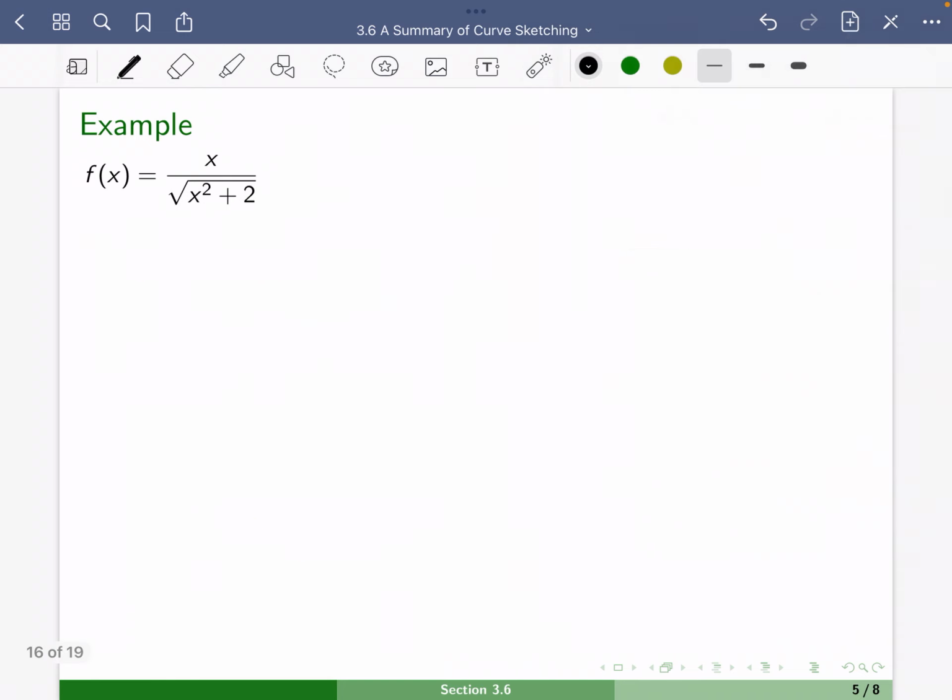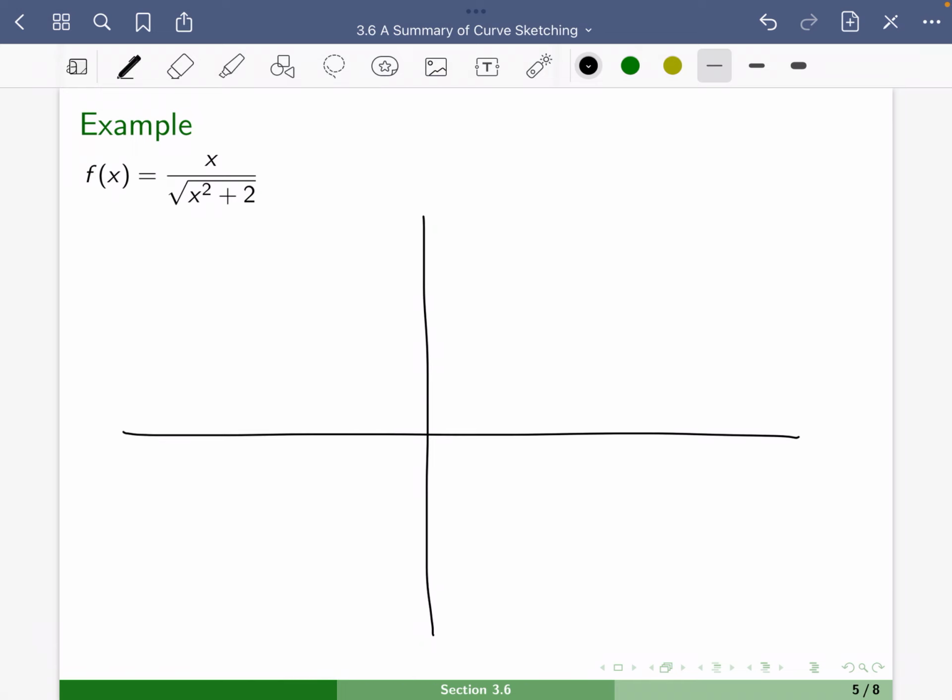All right, so let's put it all together. We have our graph at (0, 0). We had a point. The domain included all values. Our function is always increasing, so it's increasing from here to here, forever.